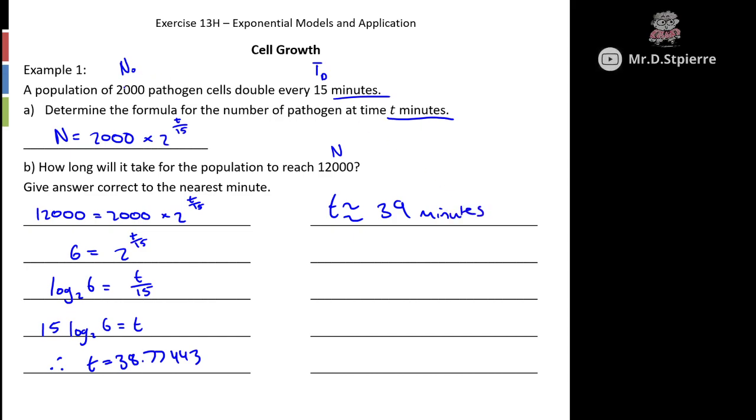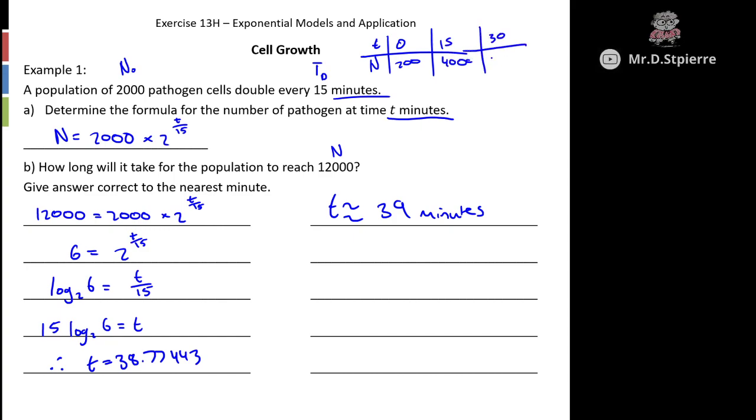So it only goes from 2,000 up to 12,000, so it's 6 times larger. But because it's doubling every 15 minutes, it doubles on top of the double. Let's do a little table. n at 0 minutes, we've got 2,000. After 15 minutes, we've got 4,000.